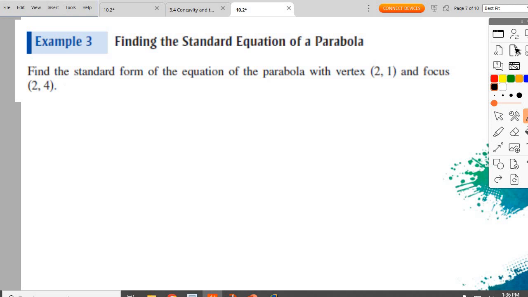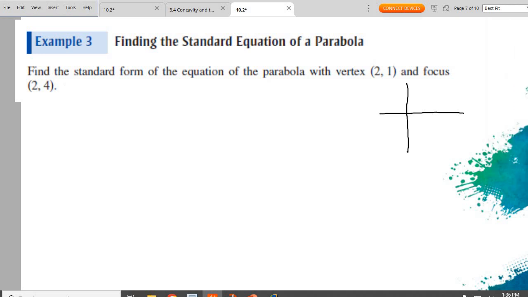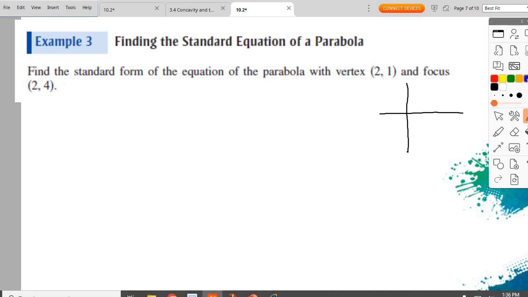So this one says, find the standard form of the equation of the parabola with the vertex 2, 1 and the focus 2, 4. So again, what do we say it's going to be helpful to do? Make a graph. So where is our vertex?